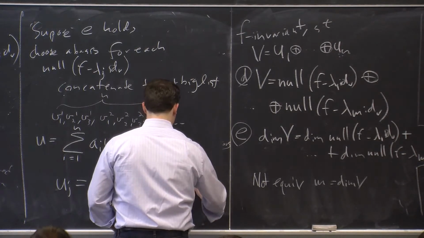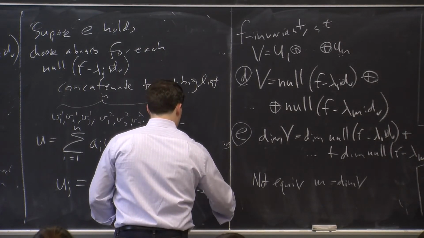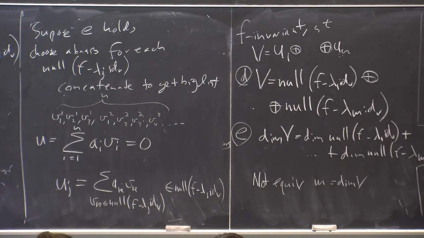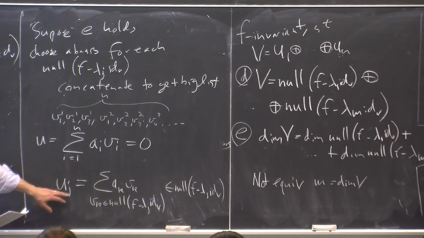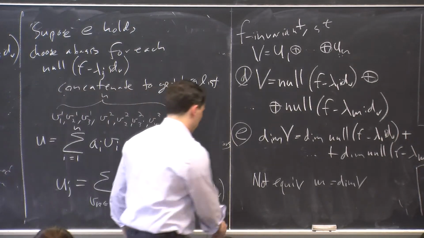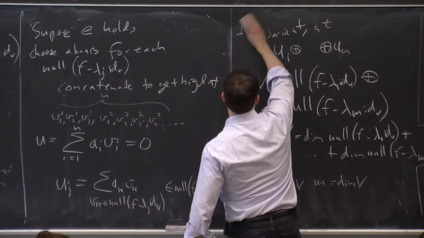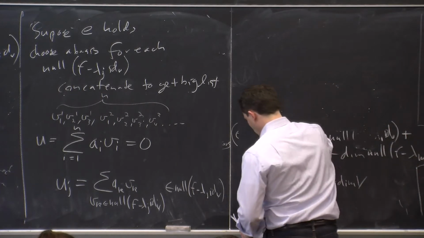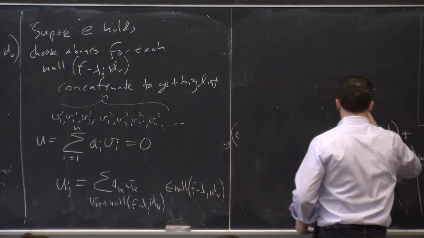Right? Null of f minus lambda j I v. It's kind of the part of u that comes from that null space. You can think about it that way, or the blocks in the sum.